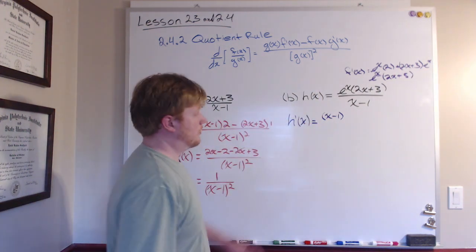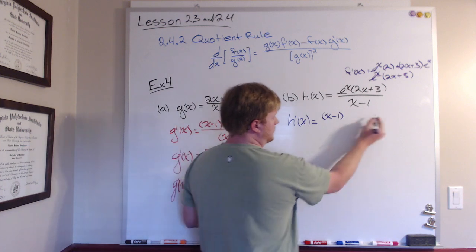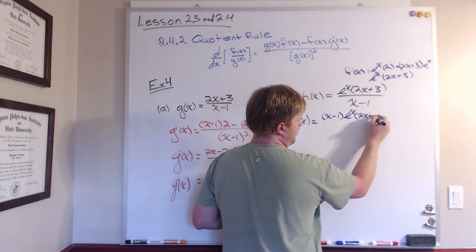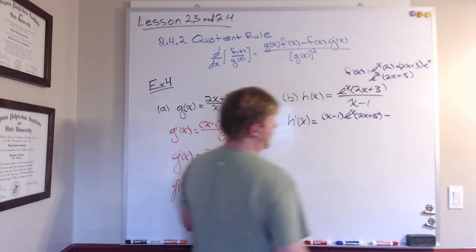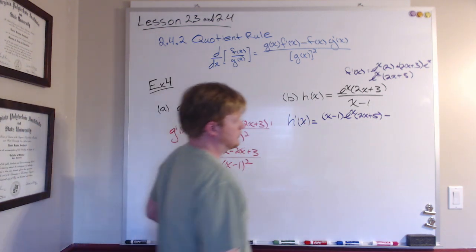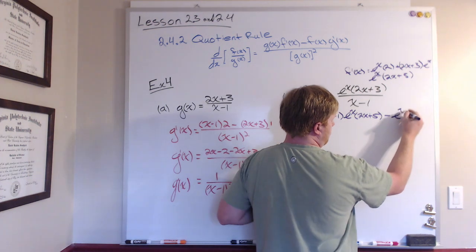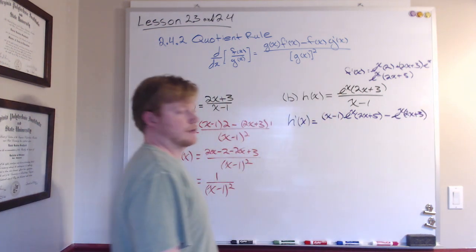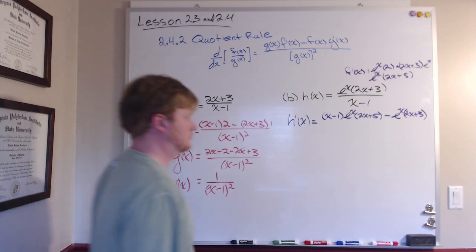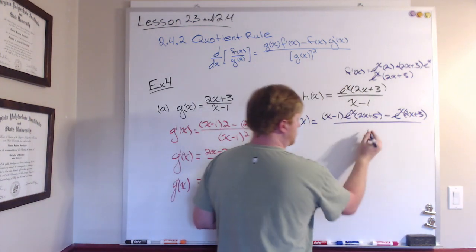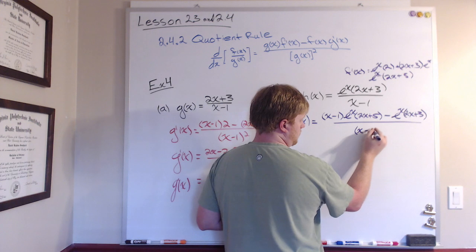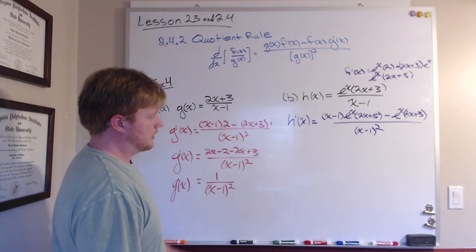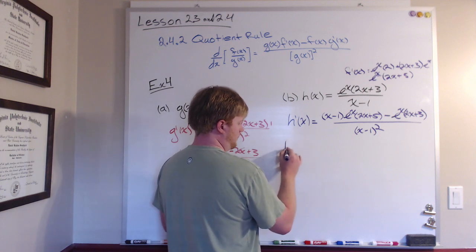So now when I say the derivative of the top, I know it's just e to the x times 2x plus 5, okay, minus the top times the derivative of the bottom, which is just 1. And then of course this is all over the bottom squared. Okay.